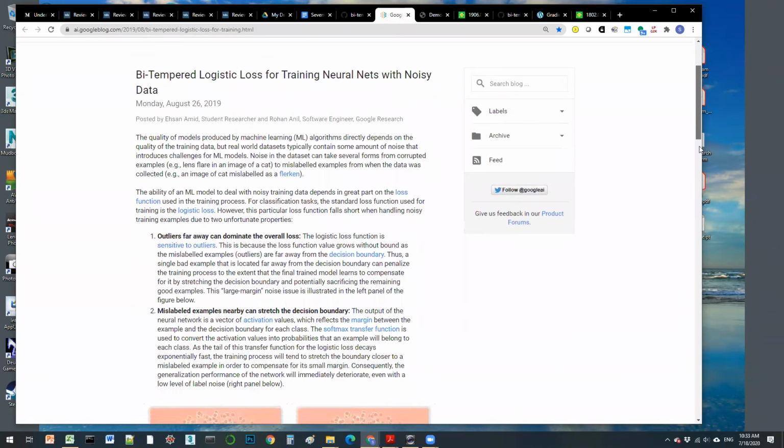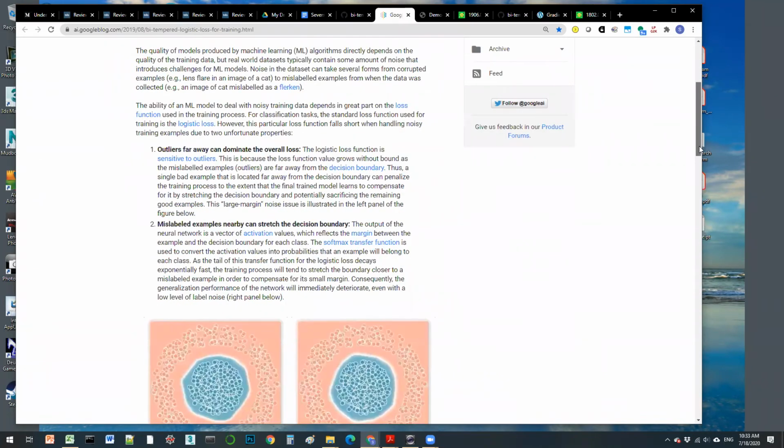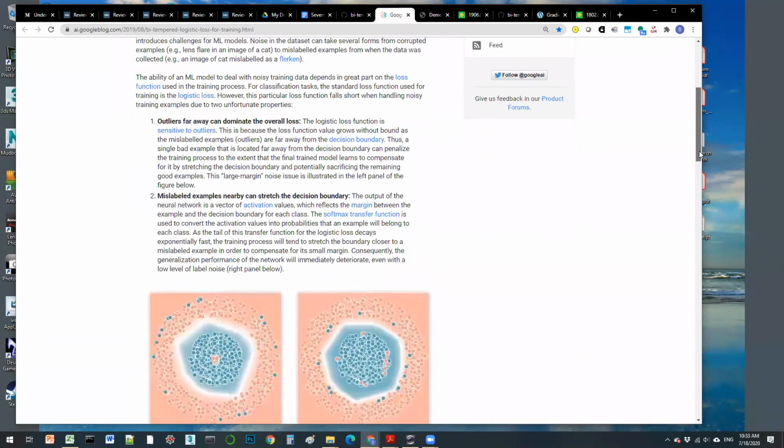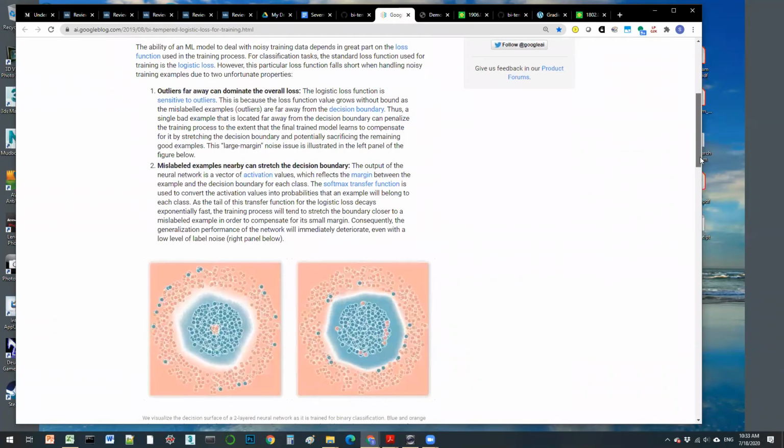The bottom line is that if you look at the logistic loss, especially with examples that are outliers, the logistic loss function, as they show mathematically in the paper, is sensitive to outliers. That is because, and this is where the math gets beyond me, the loss function grows without bound as the outliers are far away from the decision boundary.